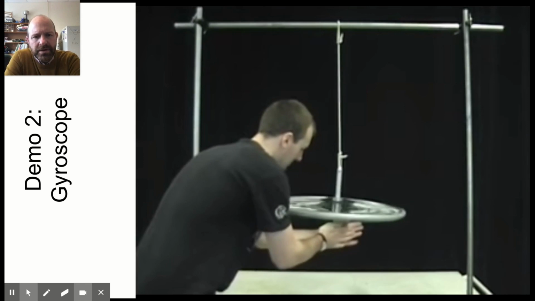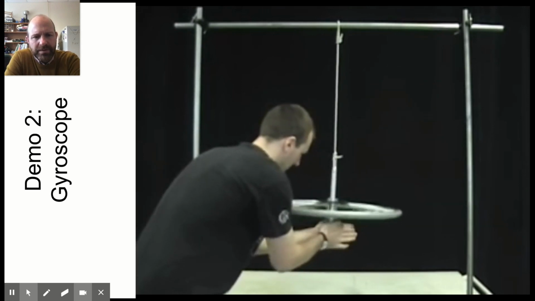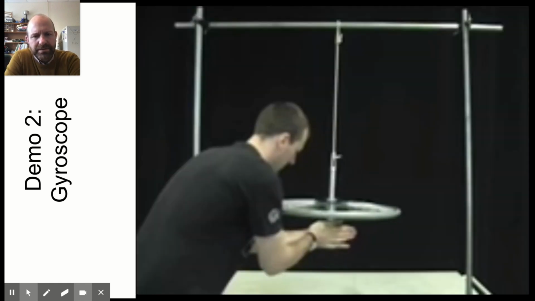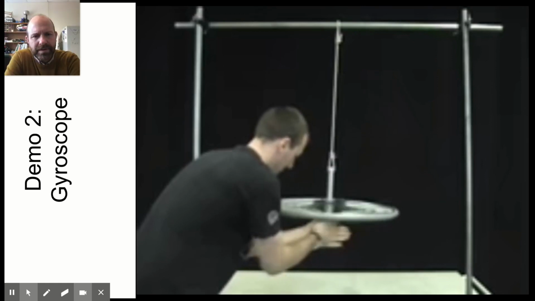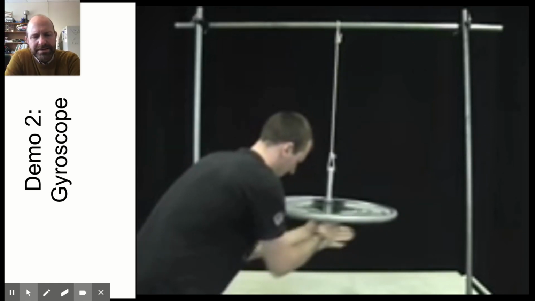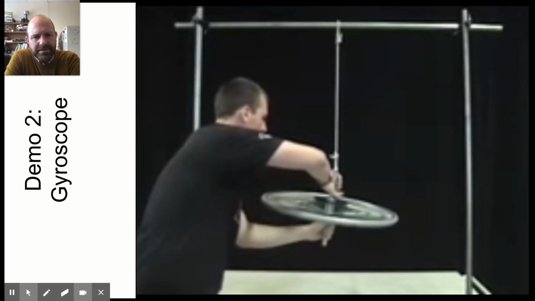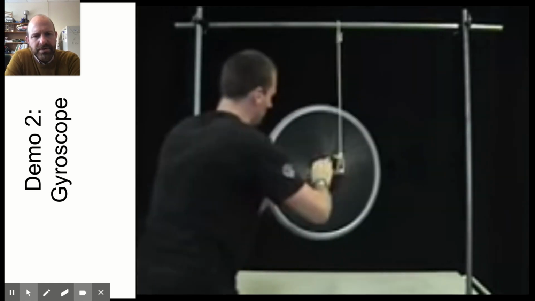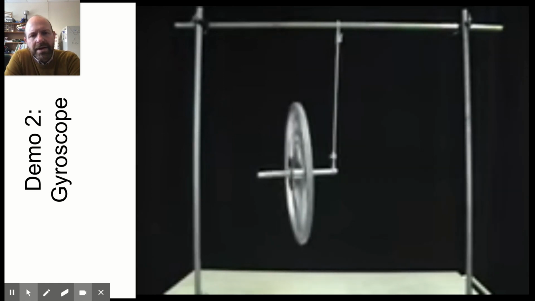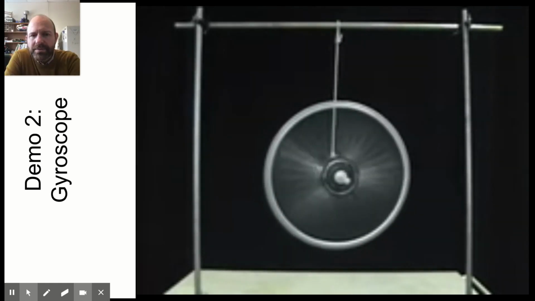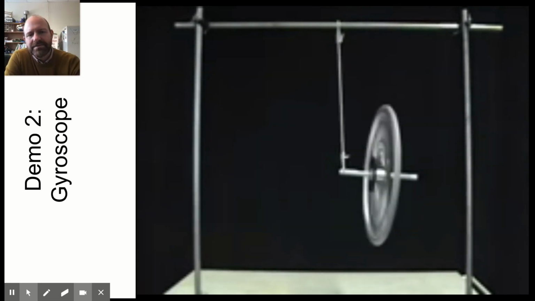If you get it spinning, which is what this person is doing right now, really, really fast, and then you set it and hang it there, it will stay upright, but it will start to precess, or rotate.